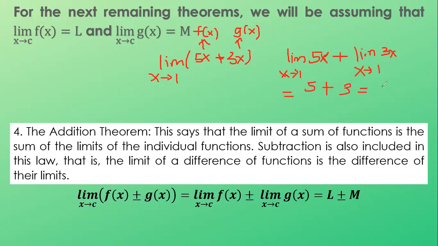So our final answer will be equal to 8. Right? So that is what the addition theorem says. So kasama dito, for example, pinalitan ko yan ng minus. So ganun lang din po yan. So papalitan lang yung operation natin ng minus. So kasama siya sa addition theorem.